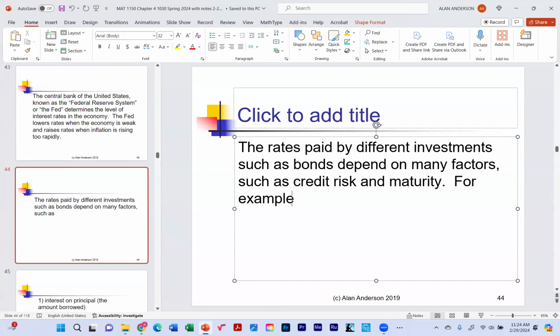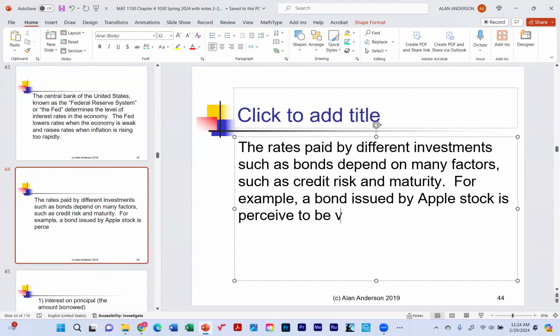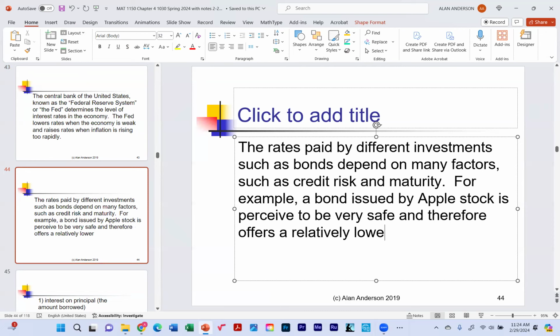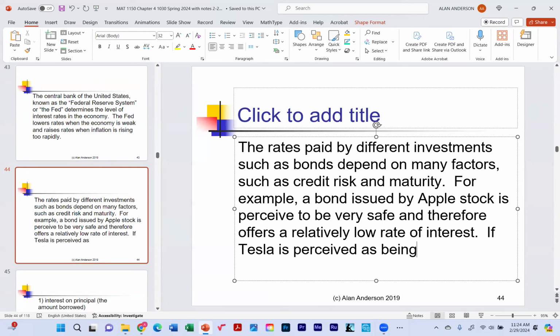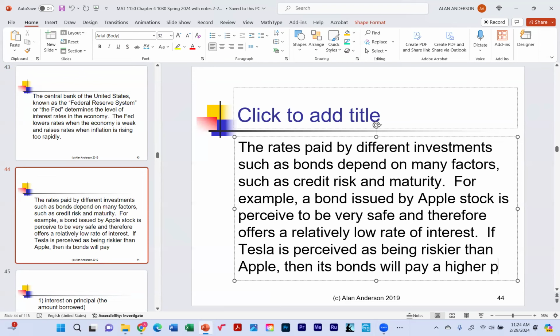For example, a bond issued by Apple is perceived to be very safe and therefore offers a relatively low rate of interest. If Tesla is perceived as being riskier than Apple, then its bonds will pay a higher rate of interest.